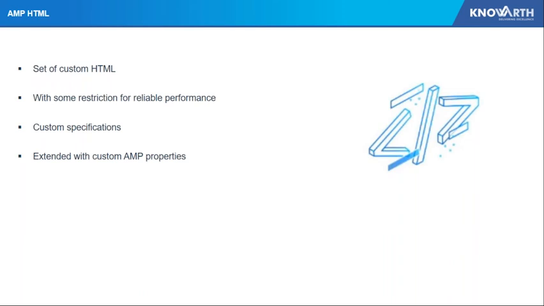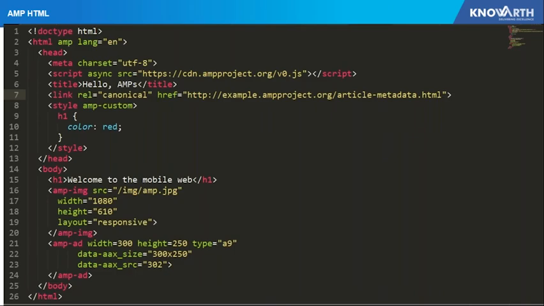It also has some restrictions for reliable performance. So no external CSS or JS are allowed in AMP pages in order to achieve performance. It has a custom specification, like its own AMP image and AMP ad tags, extended with custom AMP properties.